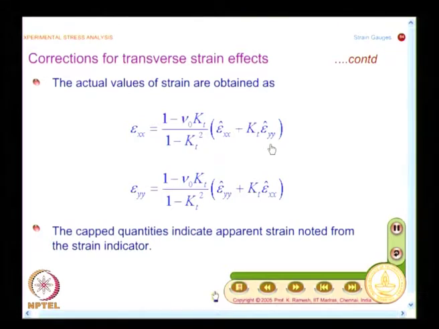Normally, if you are not introduced to strain gauge instrumentation, what you will do? You will only look at the reading and note it and say that is a strain measurement. But what we find here is those transverse sensitivity effect is minimal. For finer measurements, we need to account for it. In such a case, we label what you see on the meter as only apparent strain.